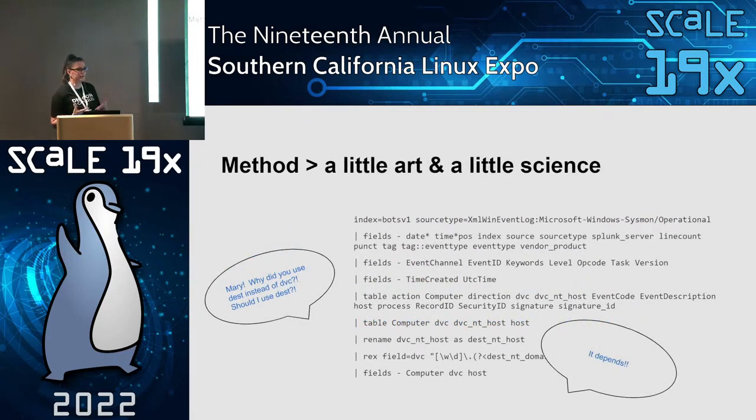It's also a little bit of art and science. I know that the SIM schema is the SIM schema, but why did I use dest instead of device? Turns out after I worked with this data set for about 4 days building this talk originally, I ended up not doing this at the end. I went back to the original device and destination. But on day one, I was like, I hate device.